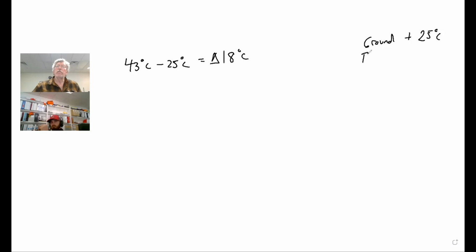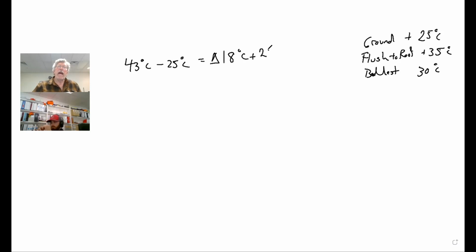For flush-to-roof mounted systems, sorry, for offset, we add 30, and for flush-to-roof we add 35. And for ballasted systems, anything that's off the roof but on a roof, a few inches or a foot or two off, that's going to be 30 degrees Celsius. So it's 25 for ground mounted, 30 degrees for a ballasted system, and 35 degrees for flush to roof. Well, we were told this was a ground mounted system.